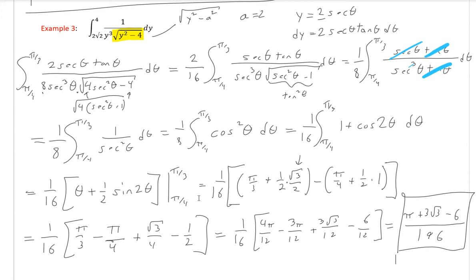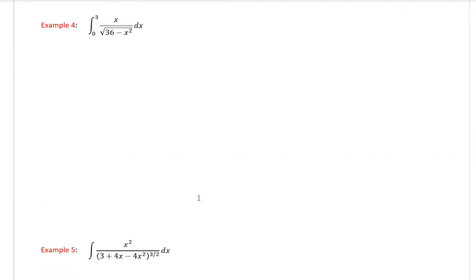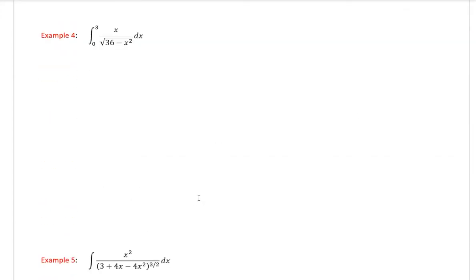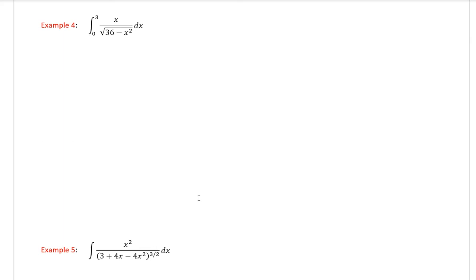All right. Moving on to a couple more examples. We have example 4 and 5 here. This first one, again, we have bounds, and we are focusing on the fact that we have another square root on the bottom. That's our big key that we're going to be using trig substitution. So since we have the square root of something squared minus x squared, that's going to be our first situation, which we dealt with as example 1.